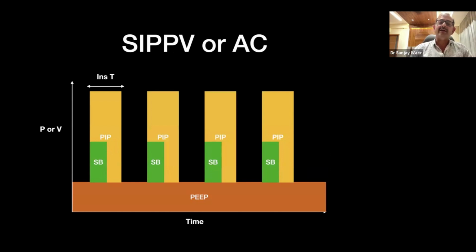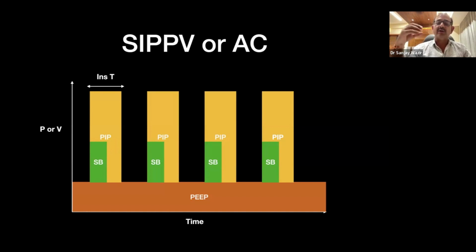On the other hand, assist control or SIPPV is a ventilator strategy where every breath is supported. So the baby breathes, the ventilator breathes. The baby breathes again, the ventilator breathes again.